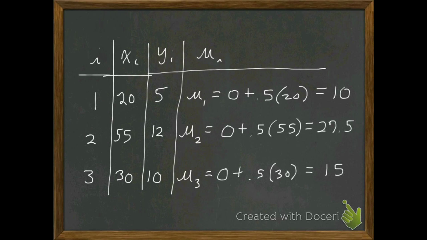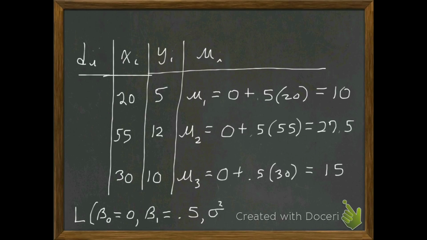Now I want to create the density of each one of these. So remember that the likelihood function, given that beta 0 equals 0, beta 1 is equal to 0.5, and sigma squared is equal to 25, no, that's not right, is it?